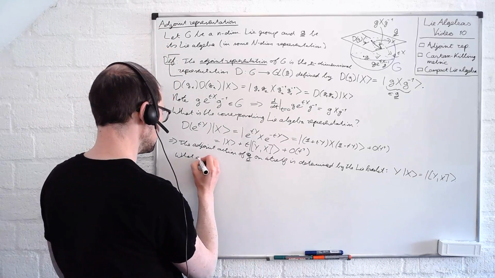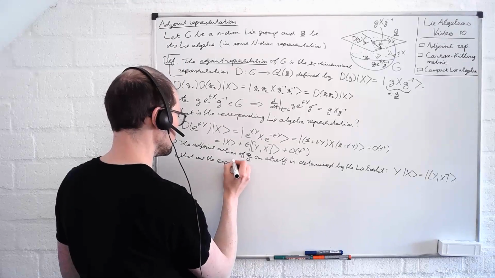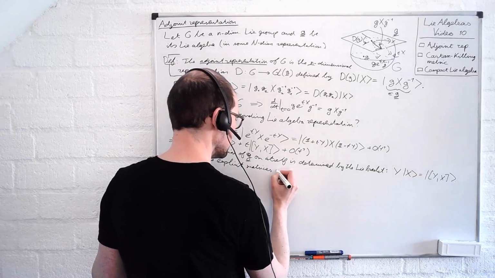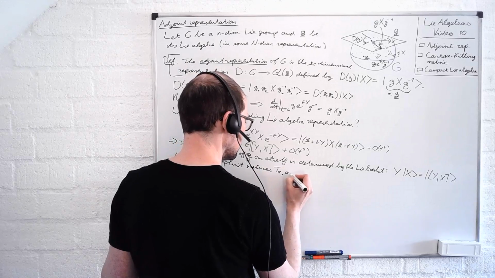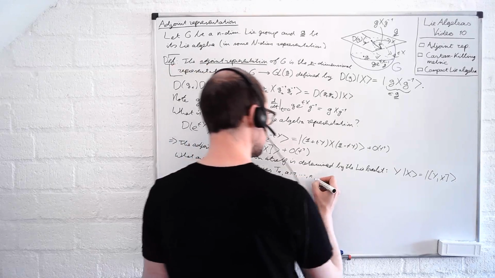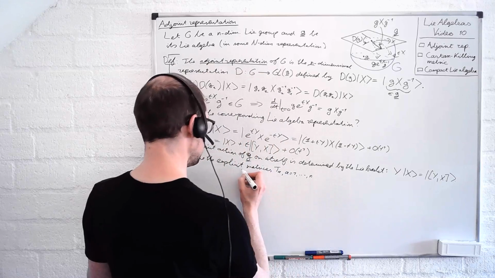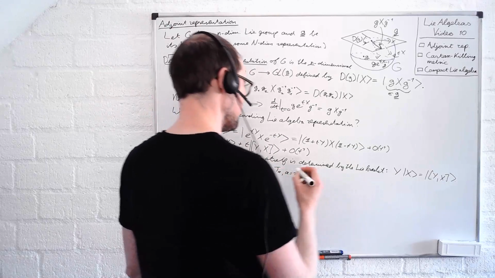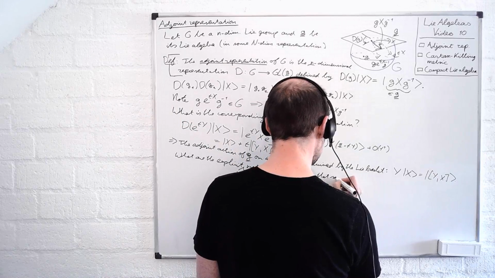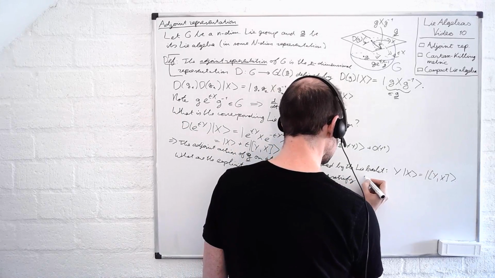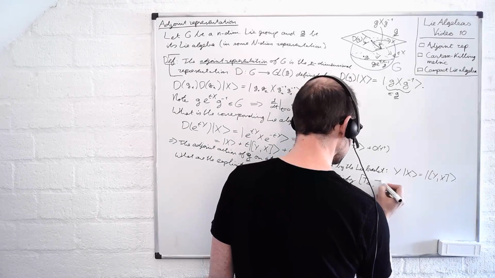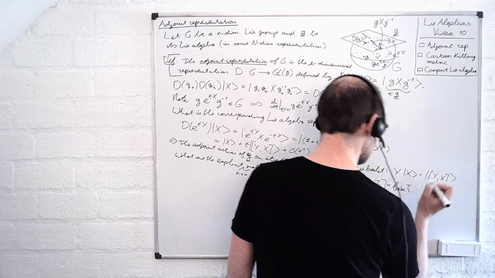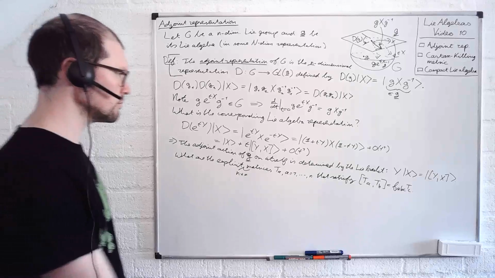Say T_A, so A equals 1 up to n, so these are explicit n by n matrices that satisfy the requirement for a representation, namely the commutator is given by the structure constants like this?